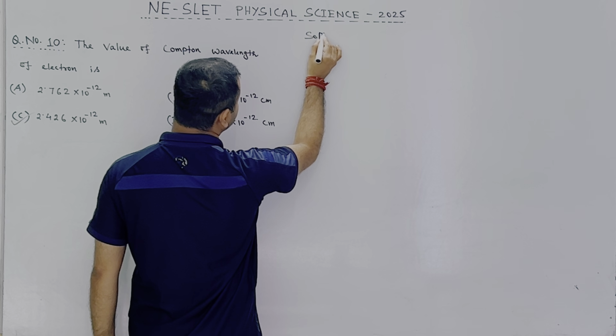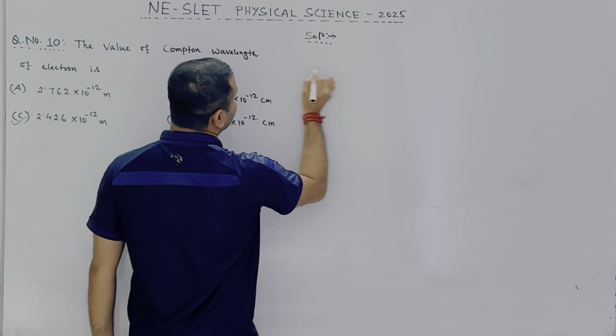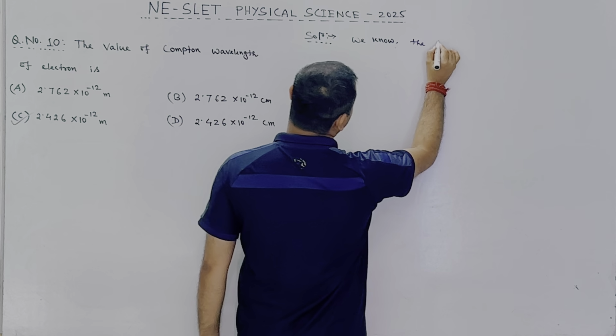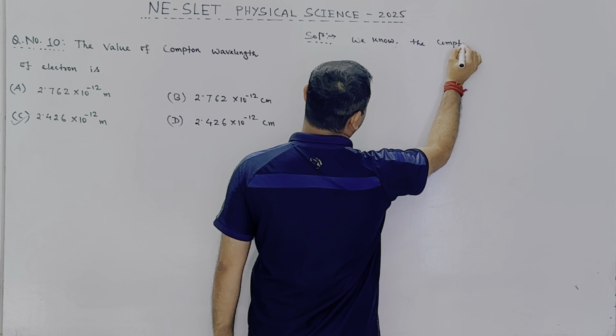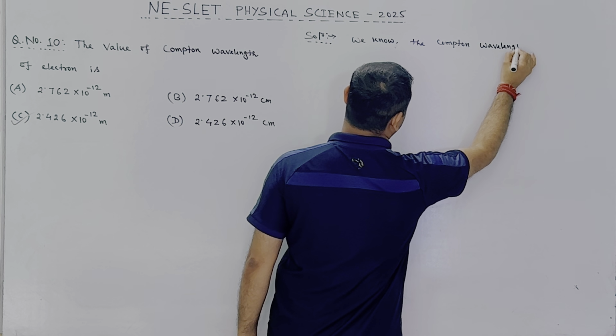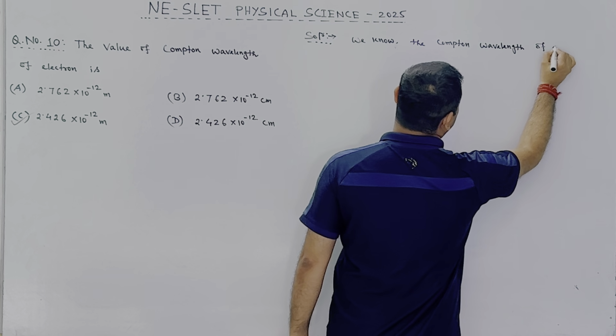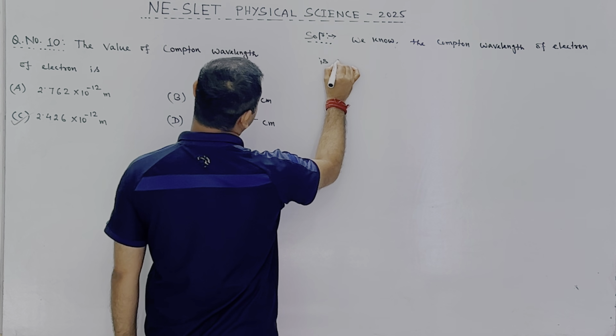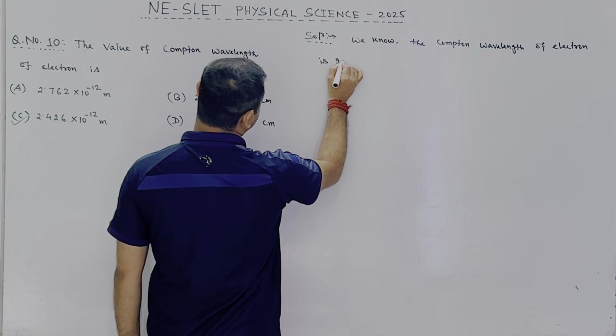Solution. We know the Compton wavelength of electron is given by lambda c is equal to h divided by me into c.